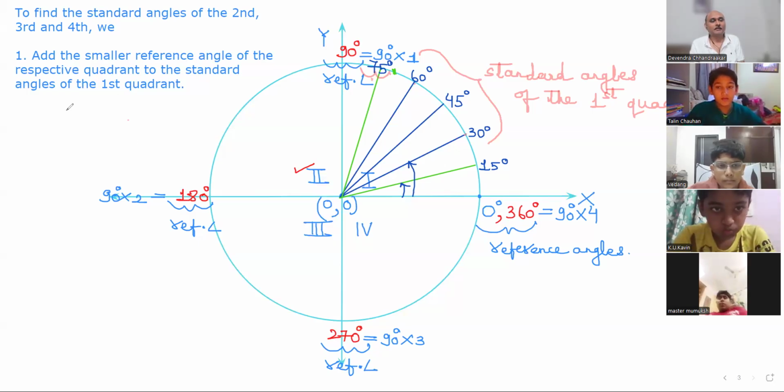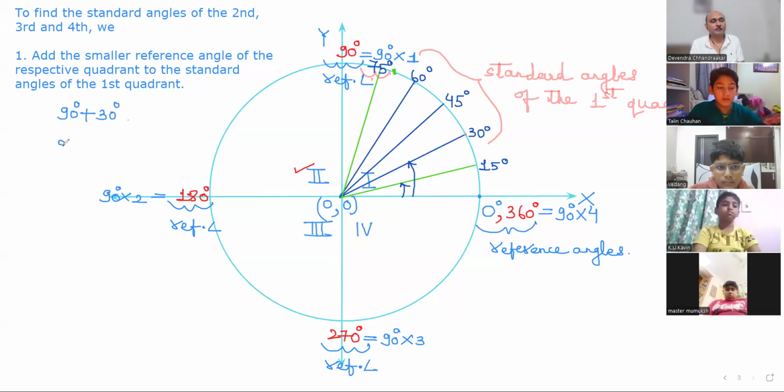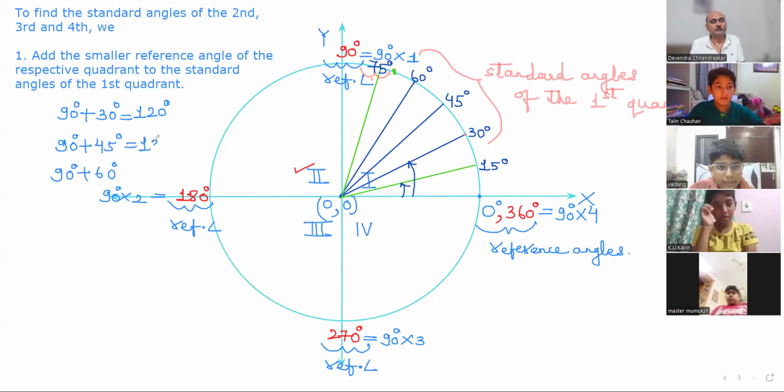So let's use this: 90 plus 30 degrees, 90 plus 45 degrees, 90 plus 60 degrees. So this is 120, this is 135, and this is 150. Okay. So these are the standard angles of the second quadrant.